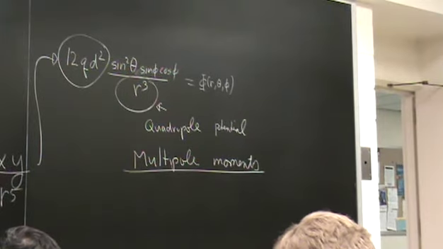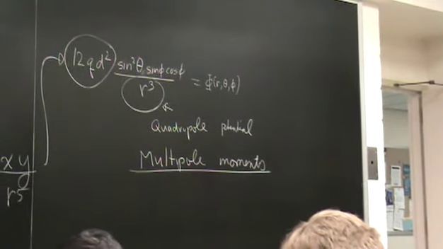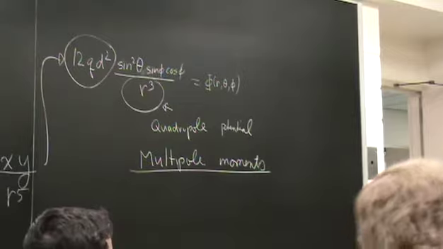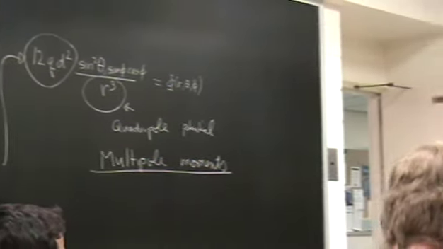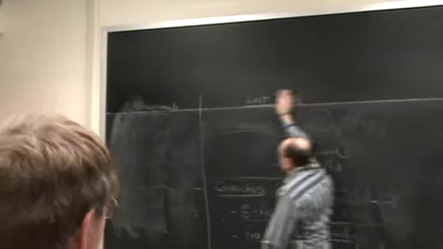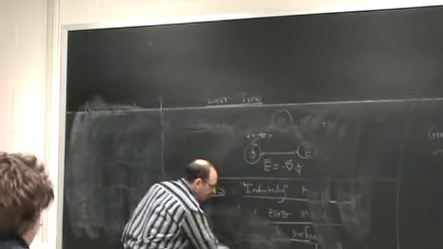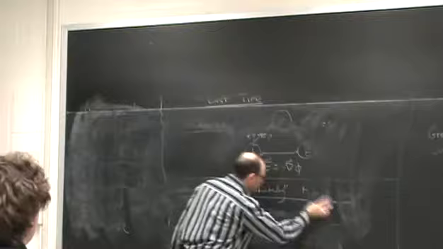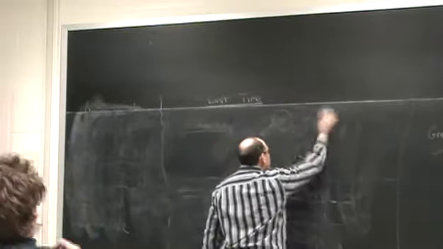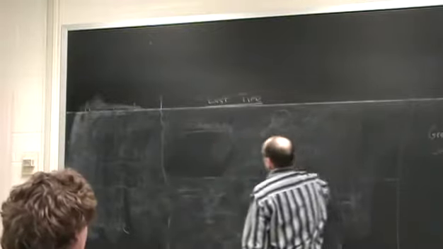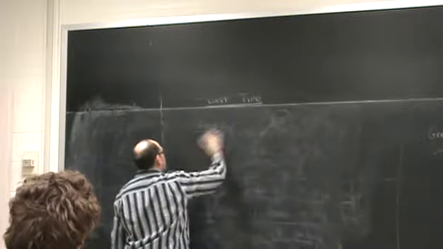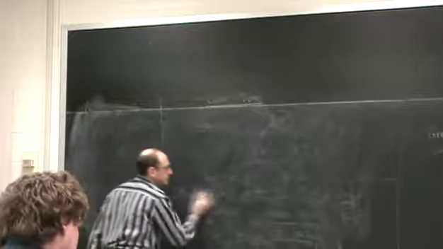To do so, let's return to the general expression for the potential for an arbitrary charge distribution with no other boundary conditions and no charges at infinity, so that we can get infinitely far away in some limit, or very, very far away from the charge distribution.